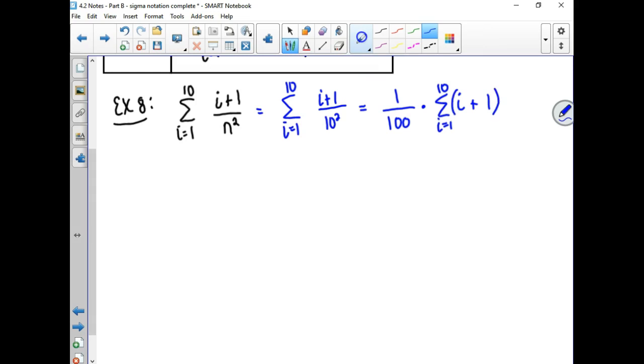And then we can take the sum of i and 1 separately. So we can make this 1 over 100 times, I'm going to write this out separately, the sum of i plus the sum from 1 to 10 of 1.